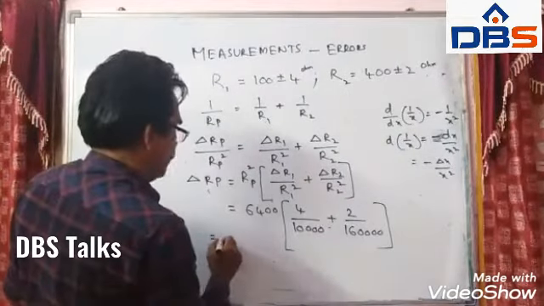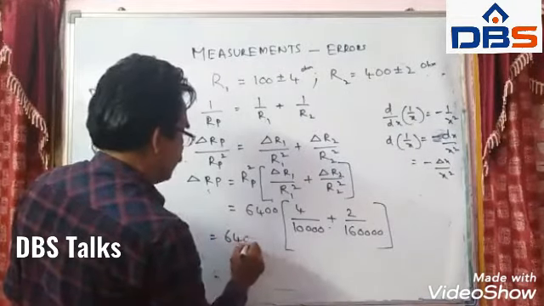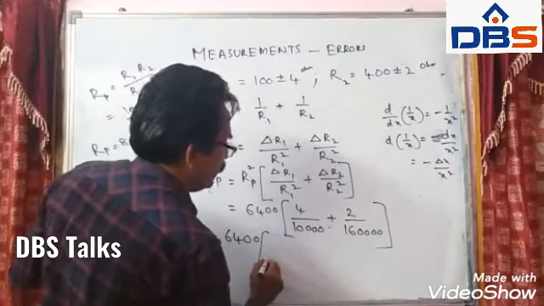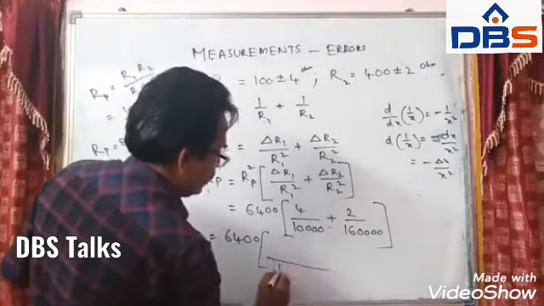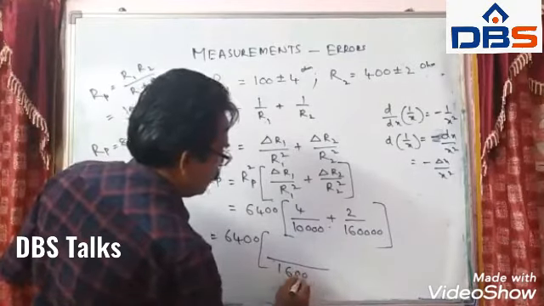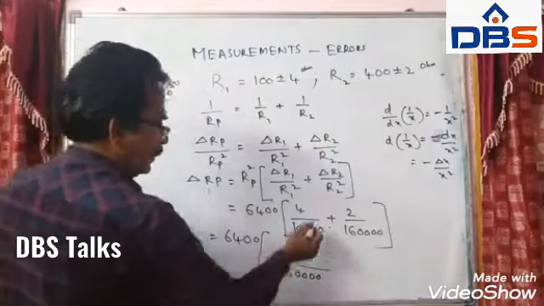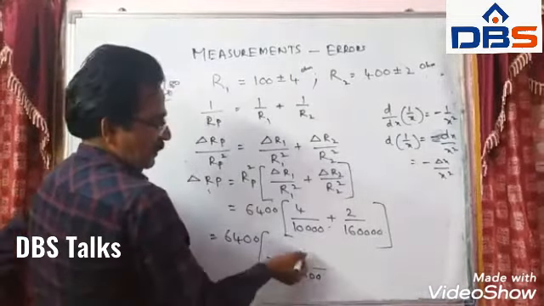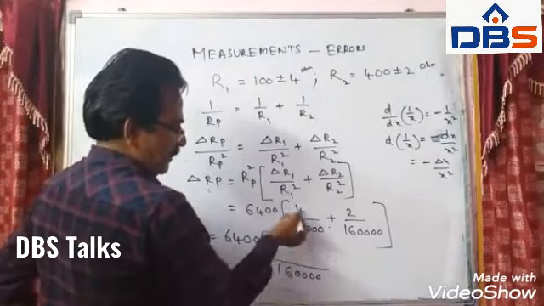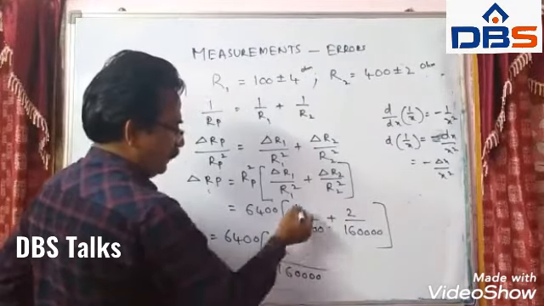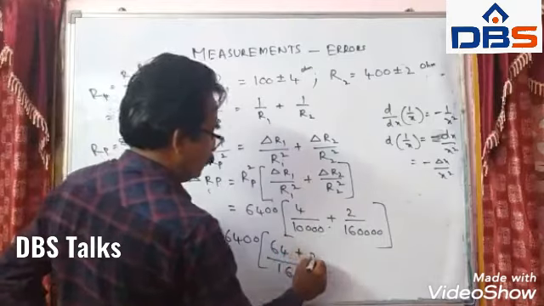So now let us simplify this one. 6400 into 6400, this is LCM 1,60,000. 16 fours 64, 16 fours 64 plus 2.